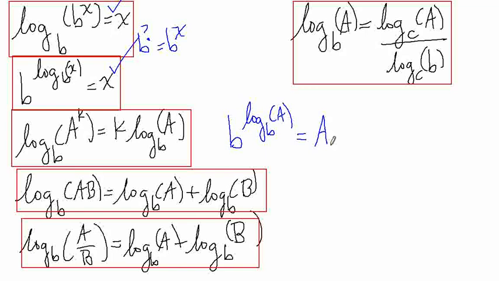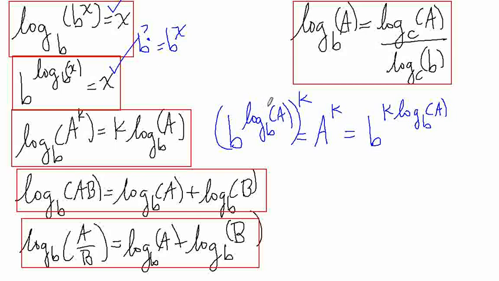Now, let's raise both sides to the k power. Okay? We know that when you have two stacks of exponents, you multiply the exponents together. So, k log of a to the base b. Okay, I just simplified the left side.